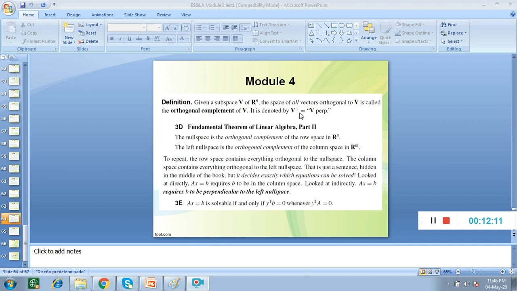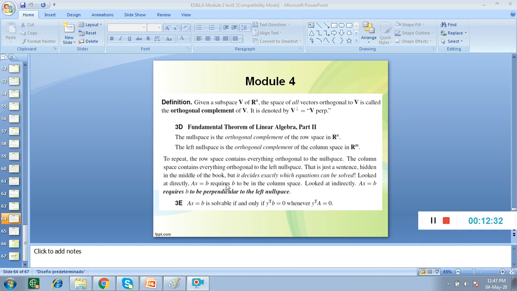We can write V perpendicular in this way or in this way. Then the fundamental theorem of linear algebra says that the null space is the orthogonal complement of the row space in Rn. That is always true. The left null space is the orthogonal complement of the column space in Rm.